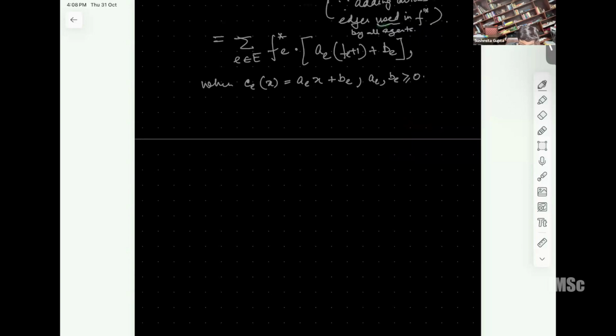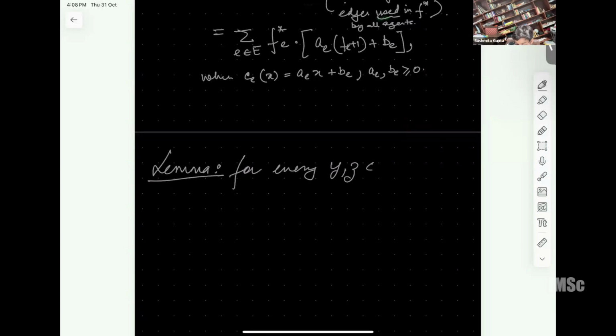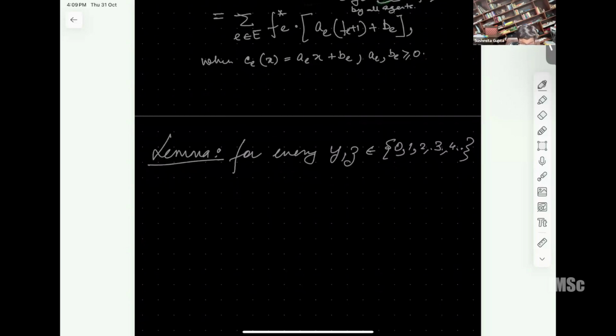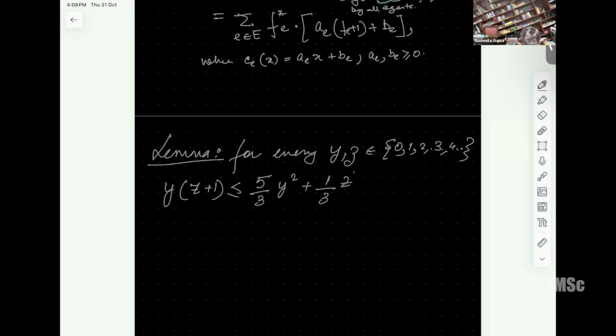So now using that lemma, we de-entangle it for every y, z: y into z plus 1 is less than or equal to 5 by 3 y squared plus 1 by 3 z squared.